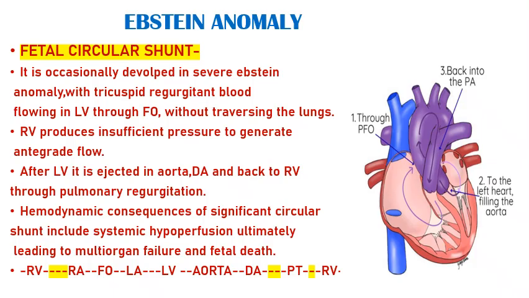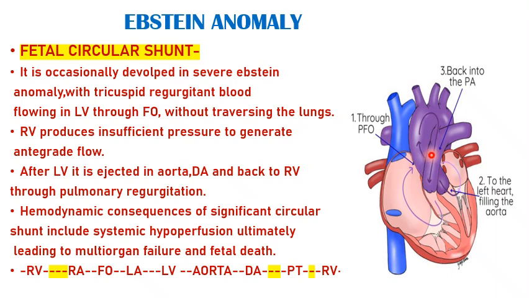In severe cases of Ebstein anomaly, a fetal circular shunt is seen. In it, tricuspid regurgitant blood flows into the left ventricle through the foramen ovale without traversing the lungs. The right ventricle produces insufficient pressure to generate antegrade flow. After the left ventricle, it is ejected into the aorta.